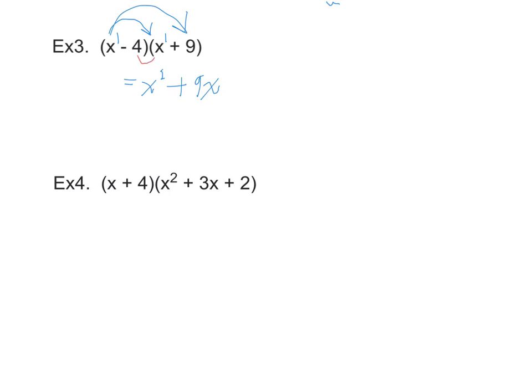Now distributing the 4, or actually the negative 4, I'll have negative 4 times x, or negative 4x, and negative 4 times 9, or negative 36. There's some additional like terms in the middle, once again, so I'll need to combine those together to get x squared plus 5x minus 36.